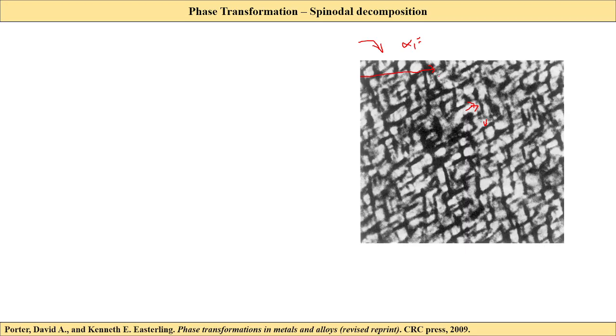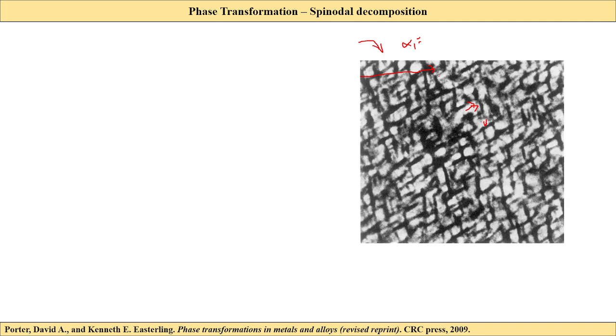Again, I will just briefly recap spinodal decomposition. These types of decompositions appear because of the immiscibility gaps, right? Because of these immiscibility gaps, there are two types of decompositions: one is binodal decomposition and another is spinodal decomposition.